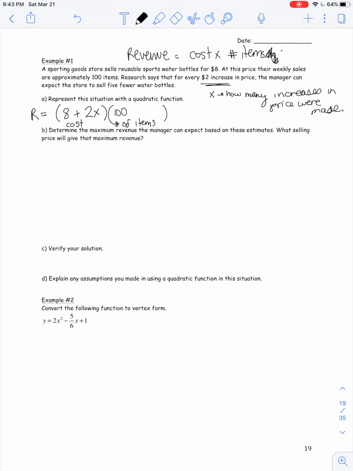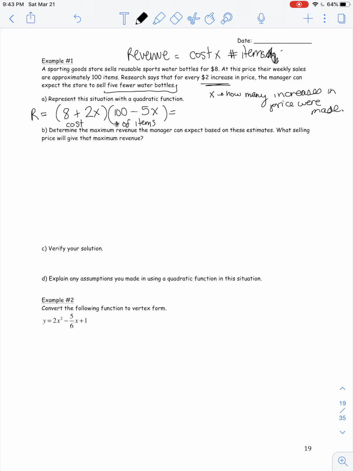But what can happen is that you're going to sell 5 fewer water bottles. So you're going to say subtract 5 fewer water bottles per increase in price. So every time you increase the price, you're going to sell 5 fewer water bottles, and that's what that stands for.